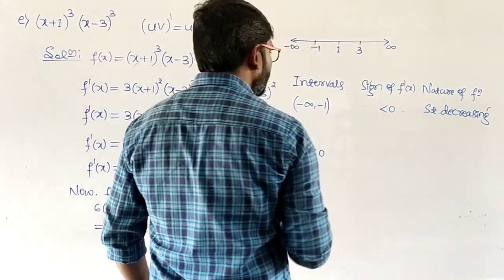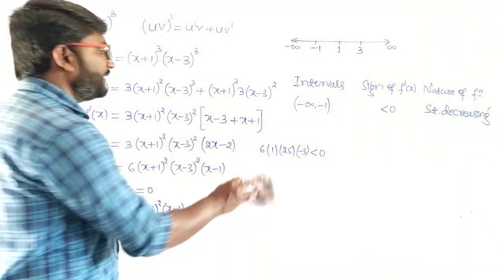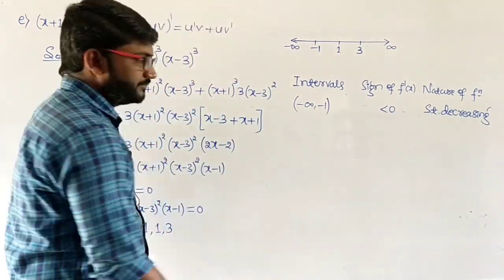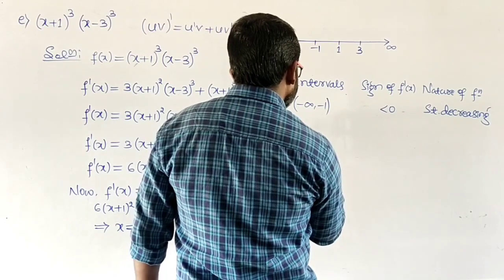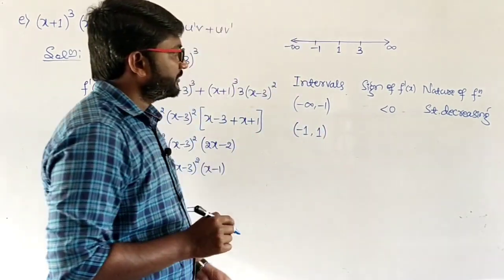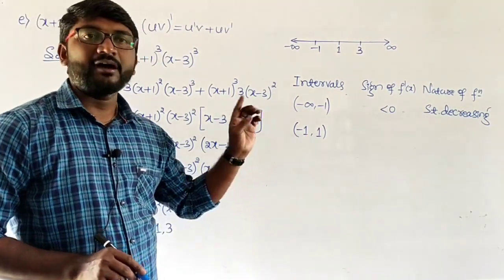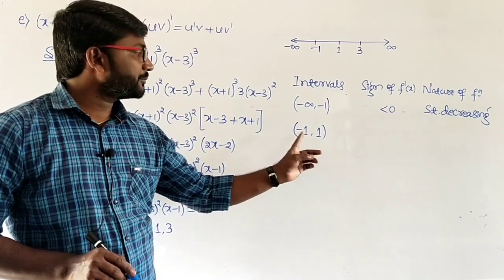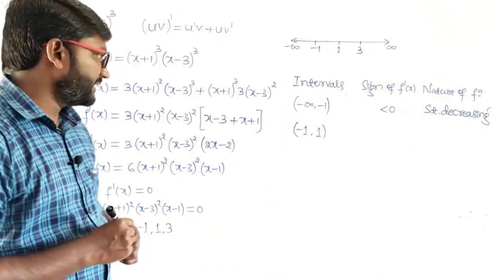So let us go for the second interval now. It is minus 1 comma plus 1. So leave the end points, take in between values. We can take 0 here, or you can take minus 0.5 or plus 0.5. So I will be taking 0, that will be easier for the simplification.